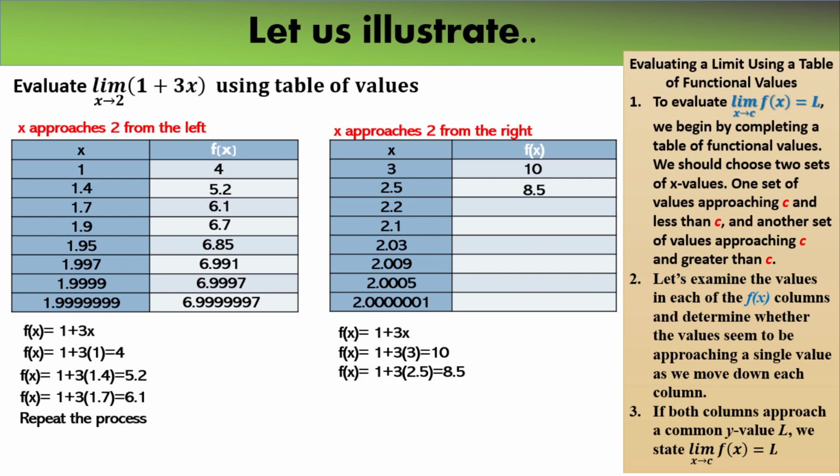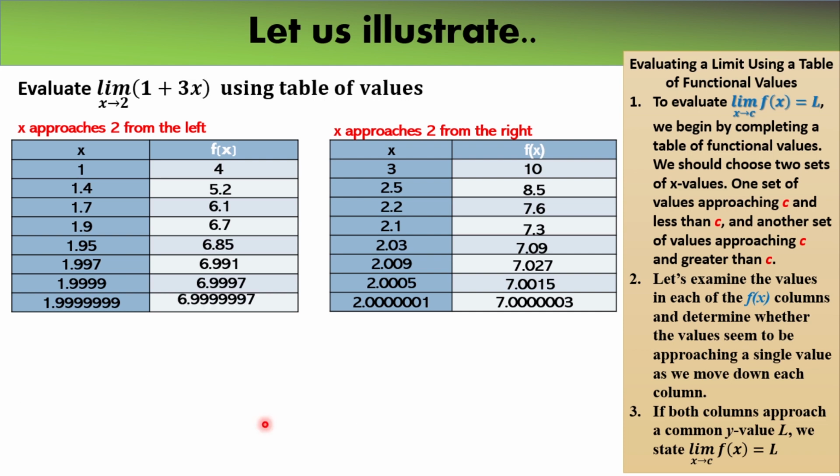For x equals 2.2, ang f of x natin ay 7.6. And then, ulitin lang natin ulit yung process. So, substitute natin yung mga remaining values of x para makumpleto natin yung table of values natin coming from the right. We are now done in completing our table of values.